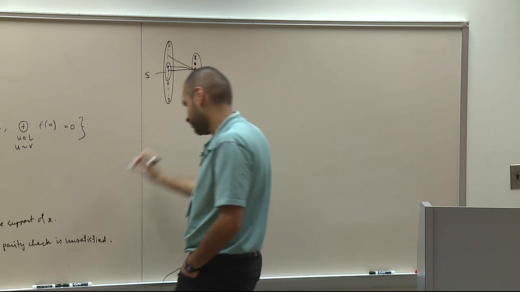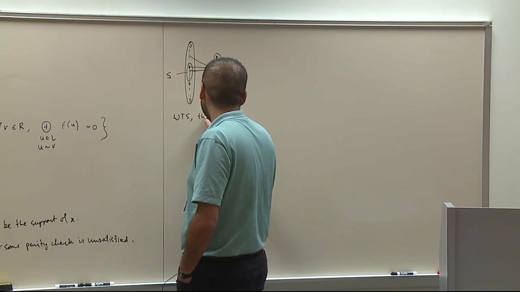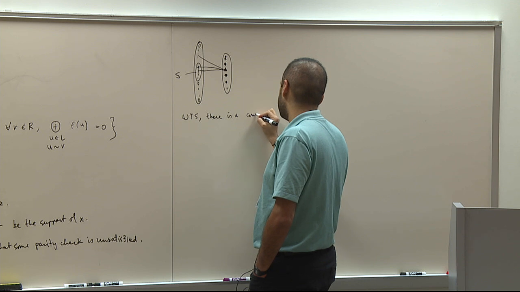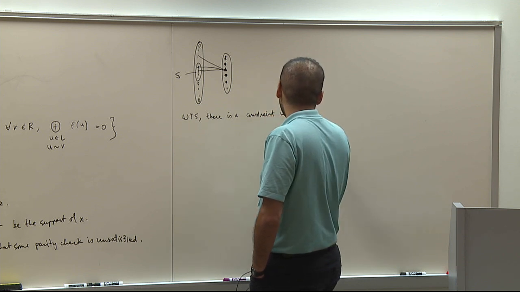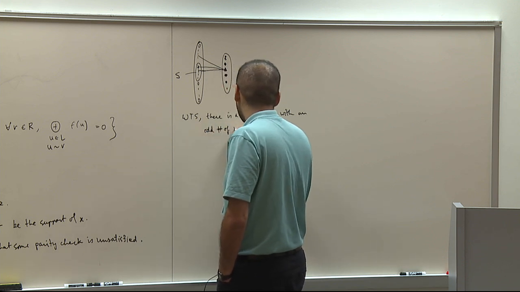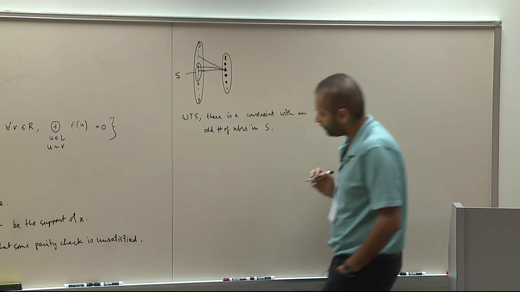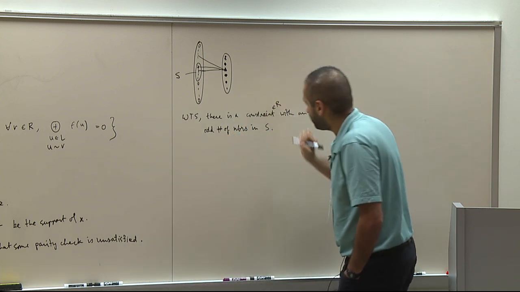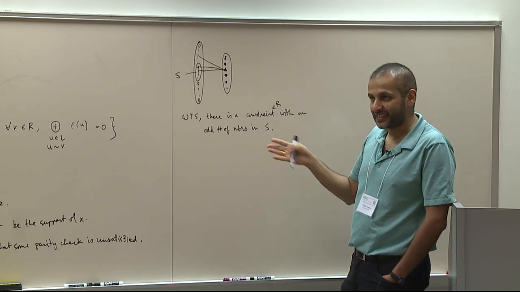So we want to show there is a constraint with an odd number of neighbors in S. Odd is a very hard thing to reason about in this kind of expander.